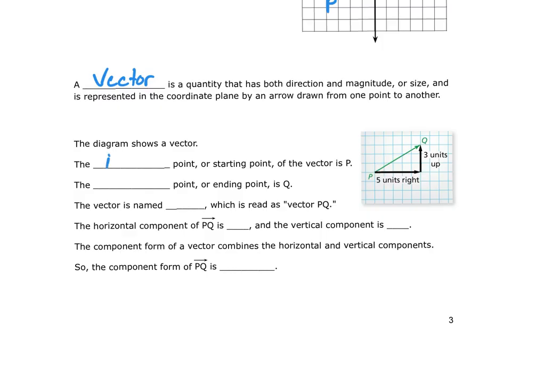So the initial point or starting point of this vector is P. P is where we're starting. The terminal point or ending point, a lot of times where you hear the word terminal might be like at an airport terminal.